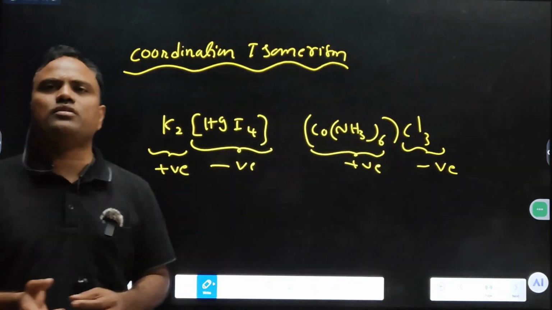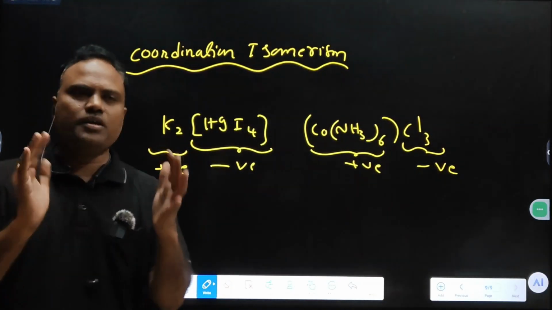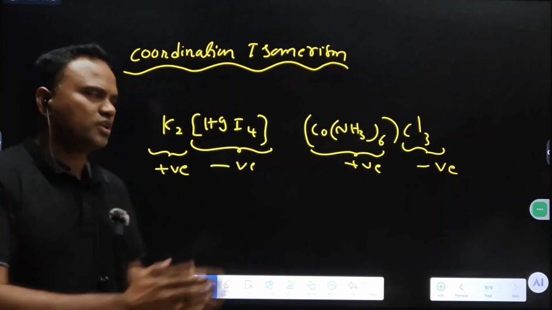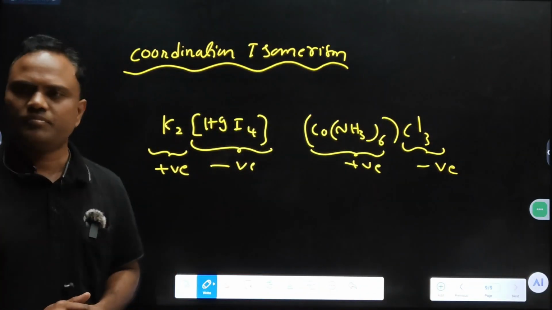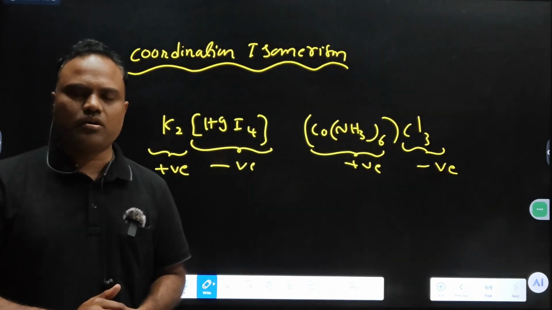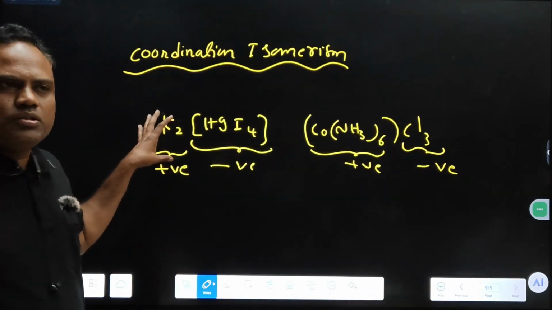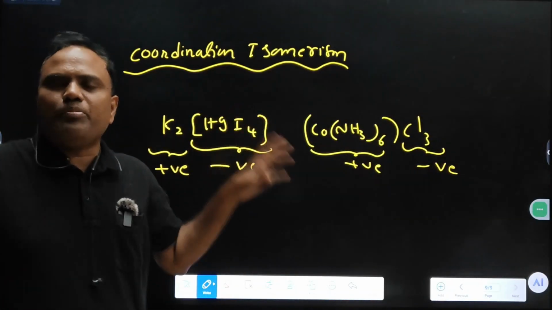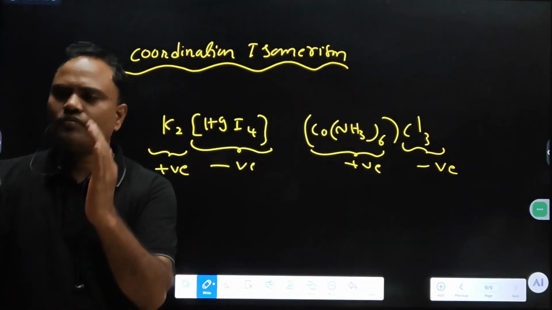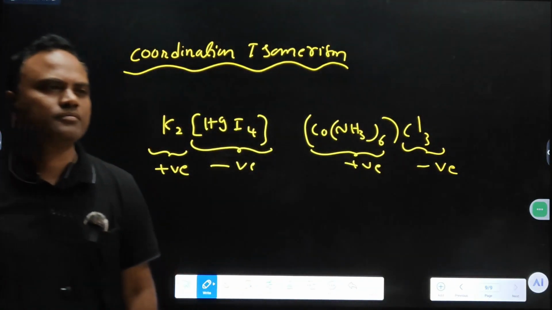Mostly, in one complex, only one sphere, one square bracket, is present.